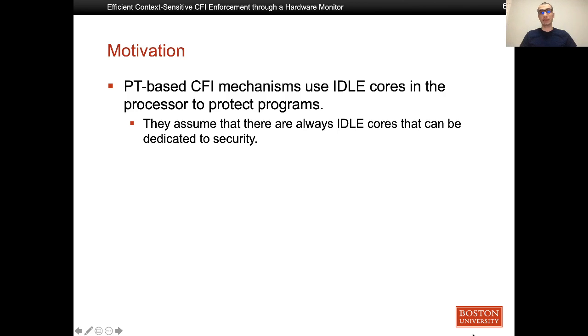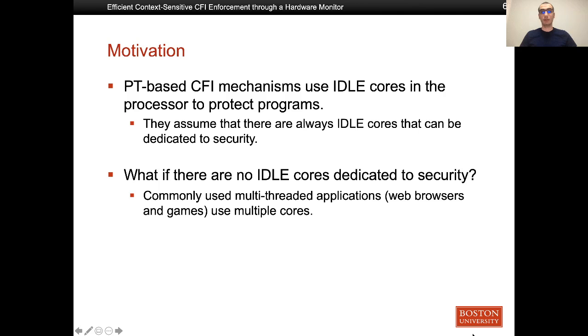PT-based CFI mechanisms use idle cores in the processor to protect programs, meaning that these works use multi-core processors and assume that there will always be idle cores in the multi-core processor, which can be dedicated to security. However, the question is, what if there are no idle cores in the multi-core processors that can be dedicated to security?